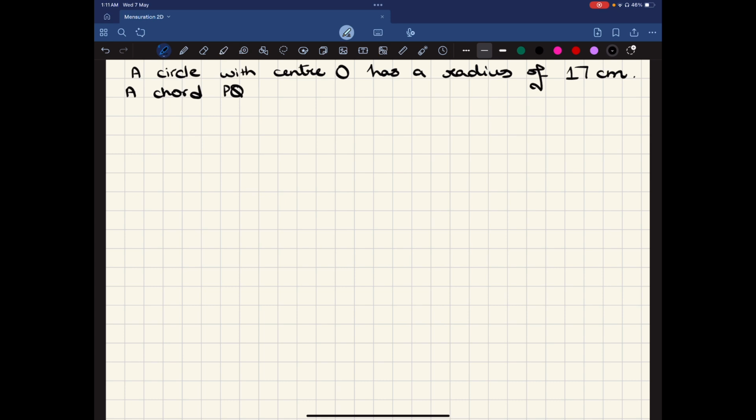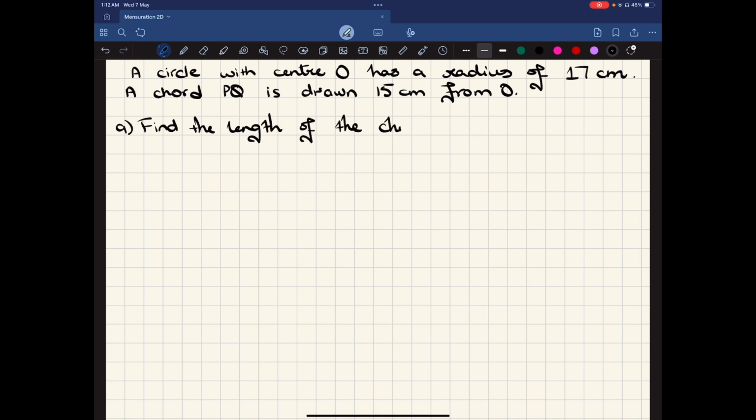A chord PQ is drawn 15 centimeters from the center. Find the length of the chord PQ.